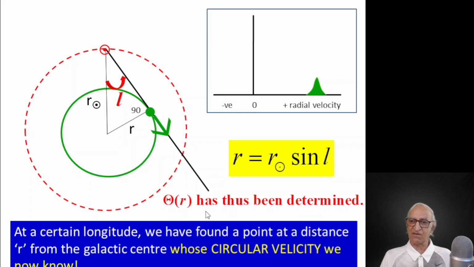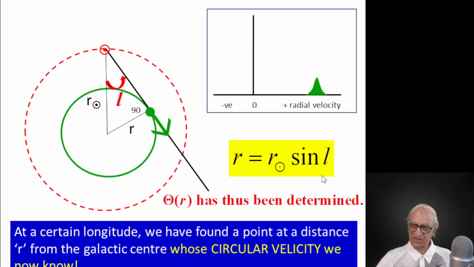Therefore, theta of r has thus been determined. Wonderful. So by looking in this longitude L, we determine the circular velocity at a particular special distance from the center of the galaxy.